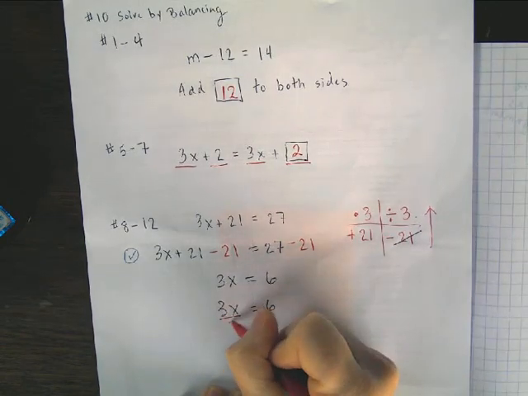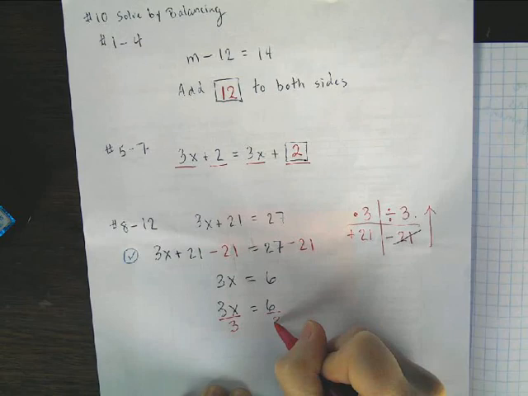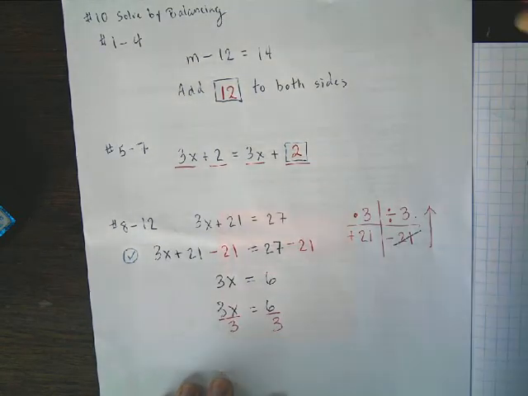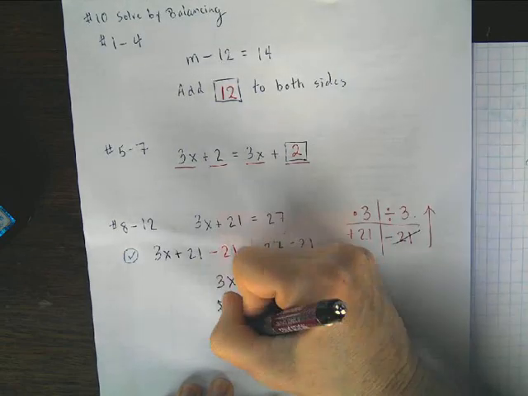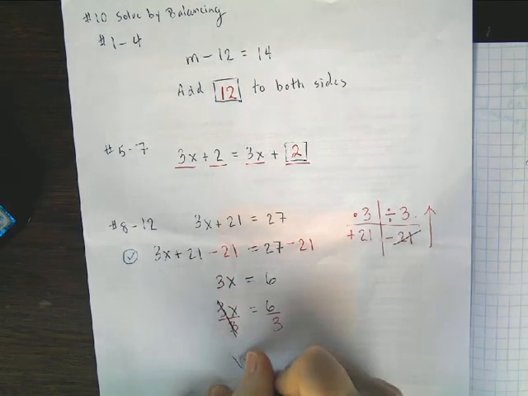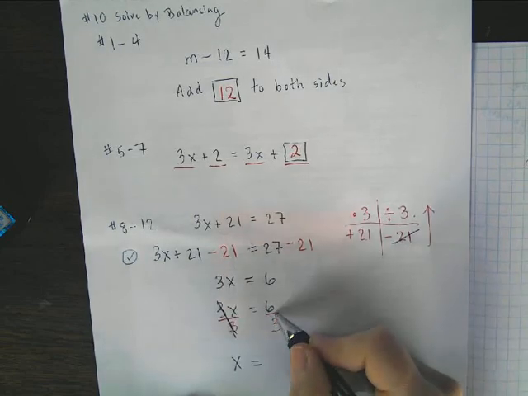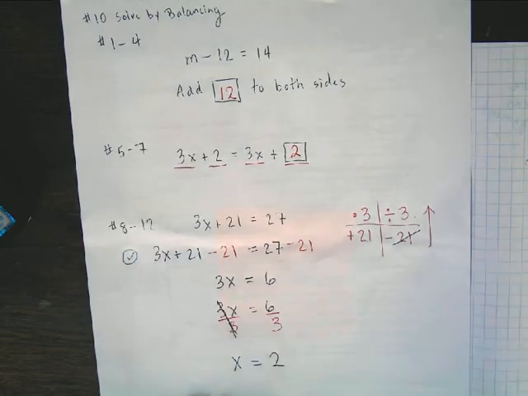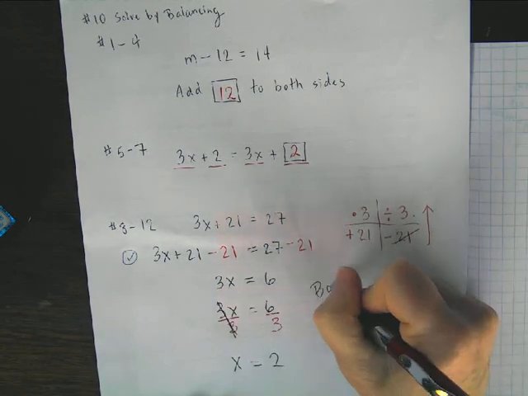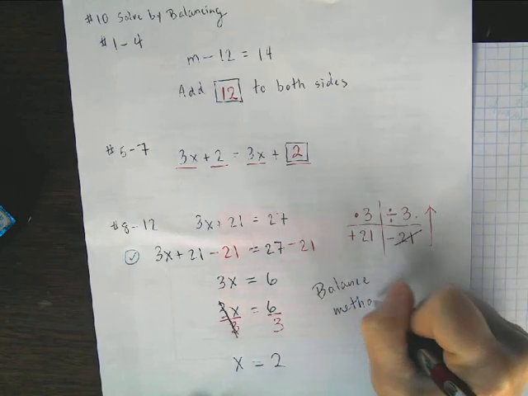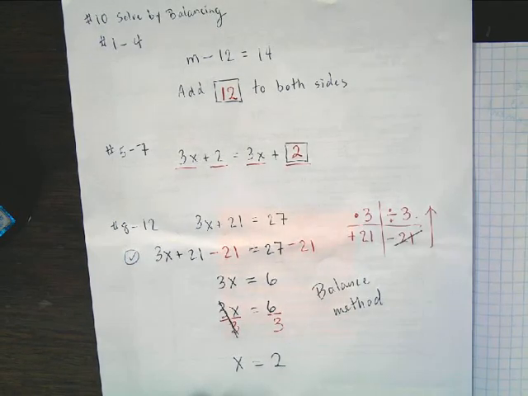Divide by 3, divide by 3. 3 divided by 3, well, as we learned from our fractions, that's just 1. So I have 1x, or just x, is equal to 6 divided by 3 is 2. Okay, so this is the balance method. That's what we want you to try on Math Space number 10.